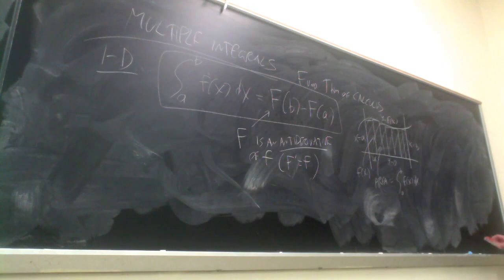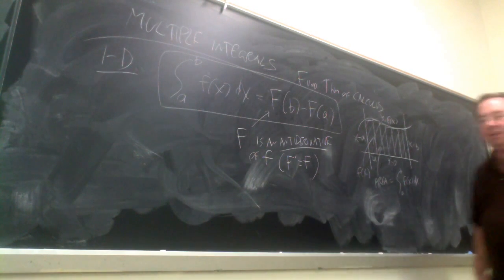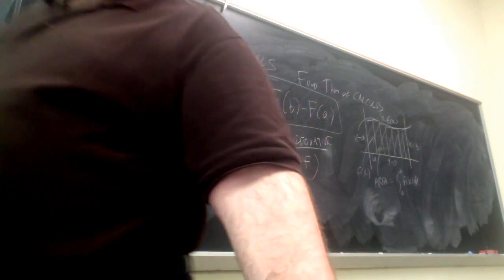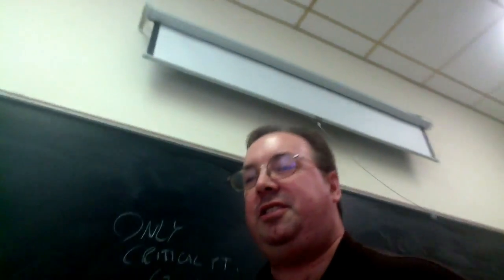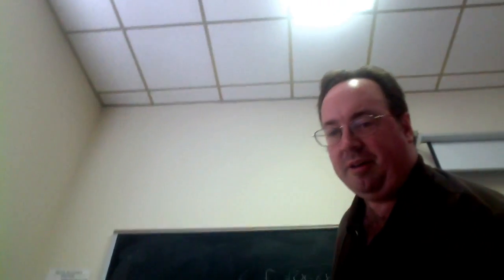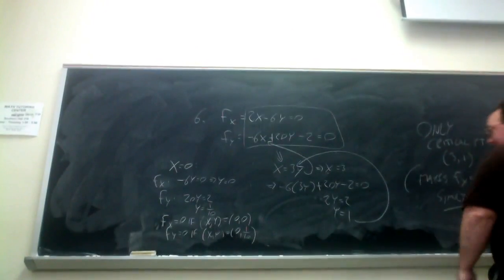Okay, so that's what happens in the single variable case. So what happens if you have functions of two variables? What does it mean to integrate a function of two variables? Both how do you compute it and also how do you interpret it. And I have 10 minutes to tell you.